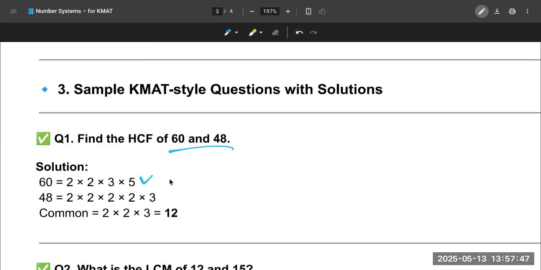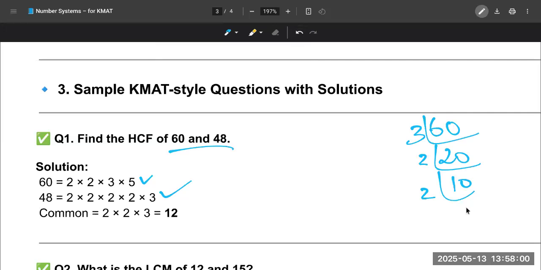One way to do it is to factorize them. So 60, when you factorize, 3 into 20, 2 into 10, 2 into 5. And likewise, if you factorize 48, you will get 2, 2, 2 into 2 into 3.